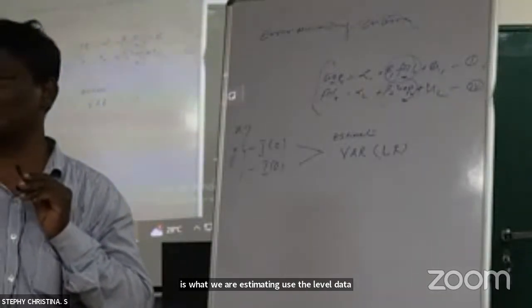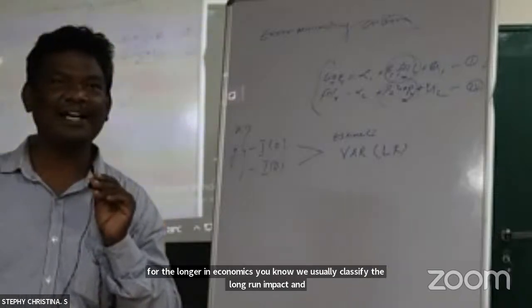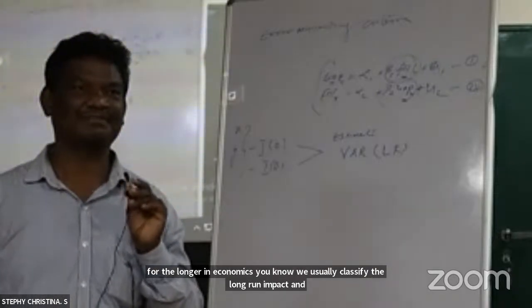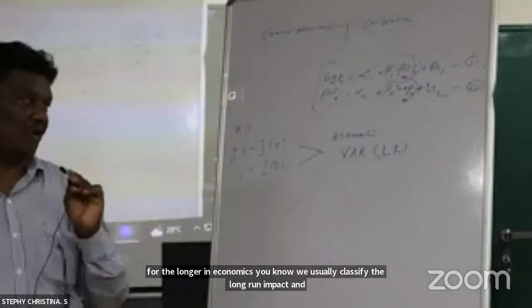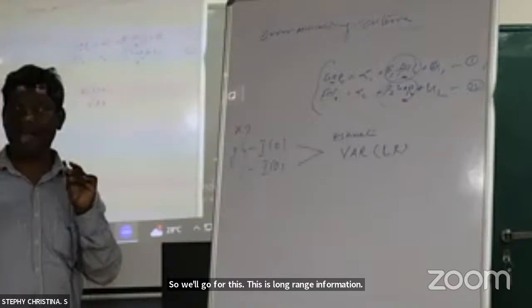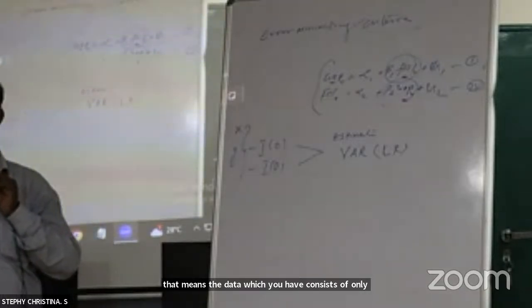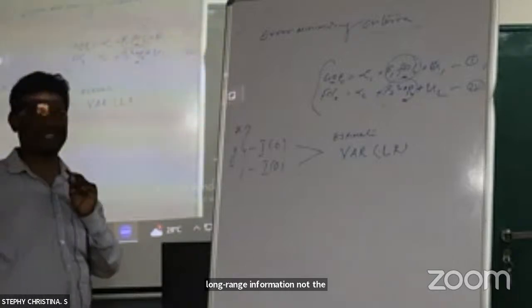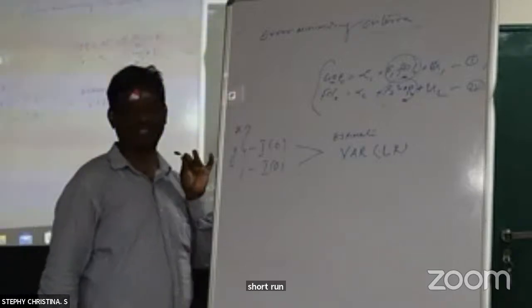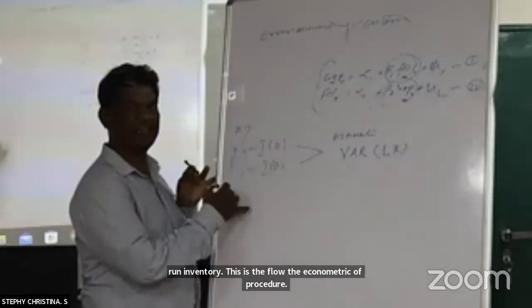In economics we usually classify long run impact and short run impact. So this is long run information. That means the data which you have consists of only long run information, not short run information. This is the flow of the econometric procedure. Next one, let me go with the next one.